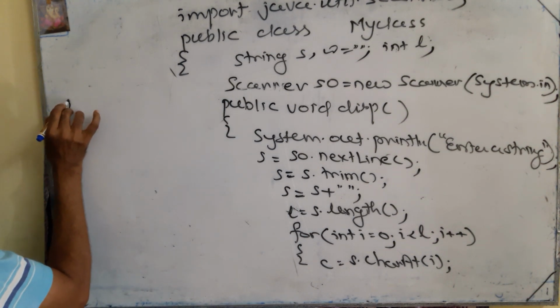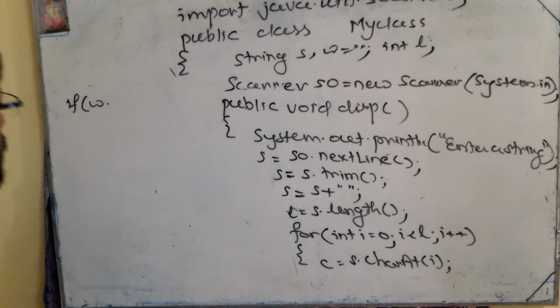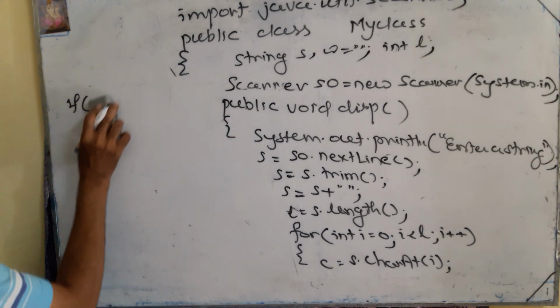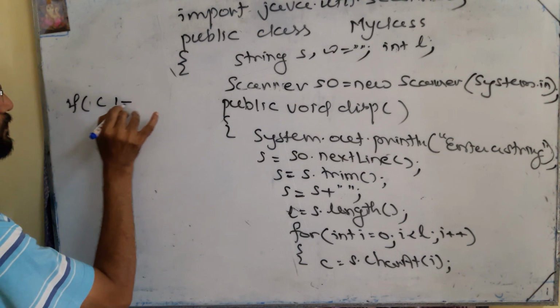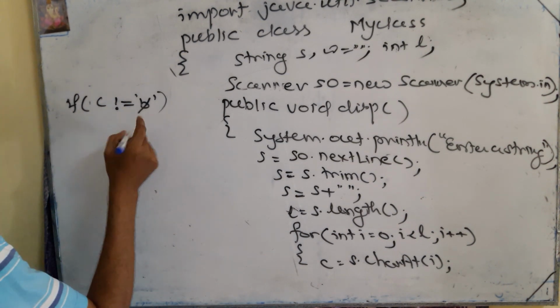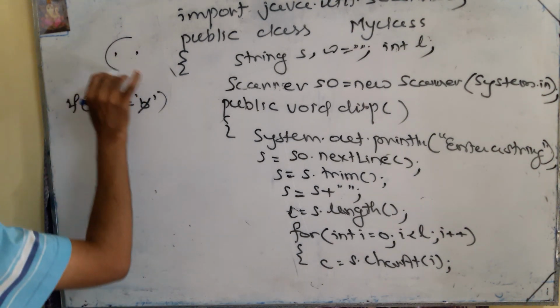Then check if C is not equal to space. Like this is a symbol for space character, or you can write it this way, as a single character.